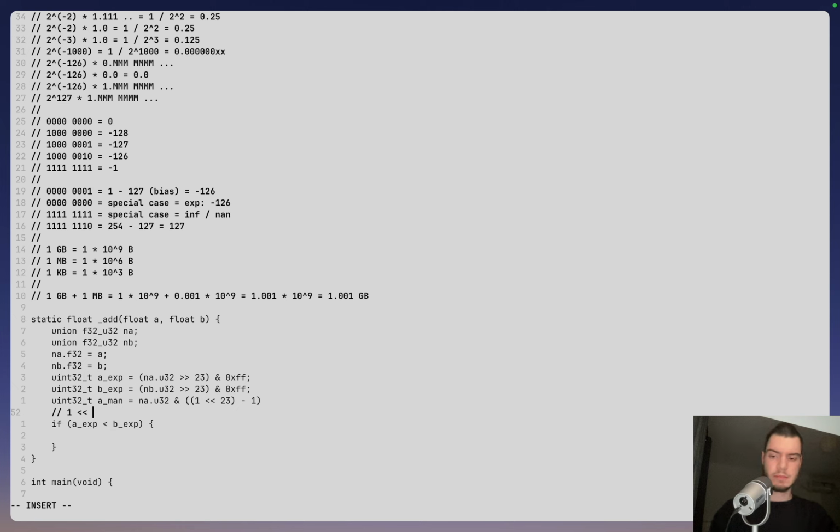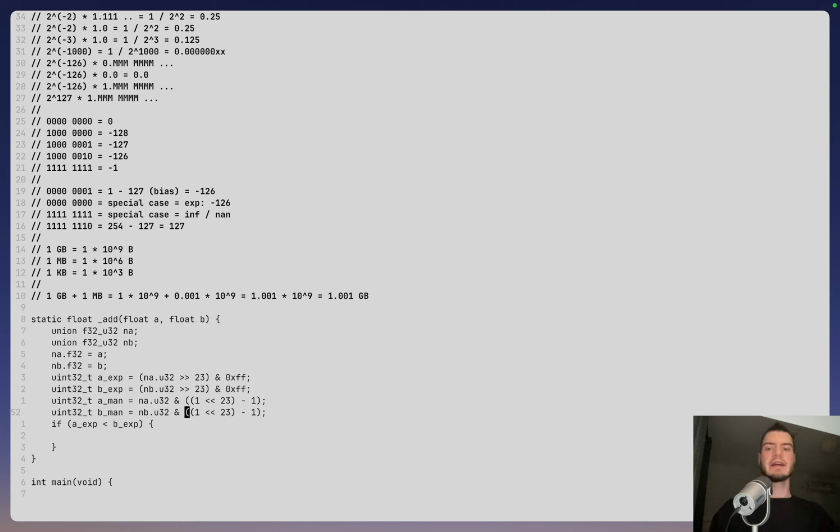So, for example, 1 shifted to the left by 4 minus 1: after the shift, we're going to have this, and then minus 1 gives us this mask. So that's just a thing that's good to know, how to create masks for bit operations. This is the mantissa of b. We're doing the same thing there.